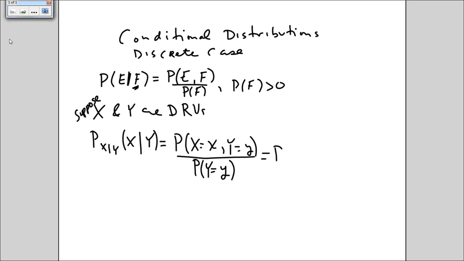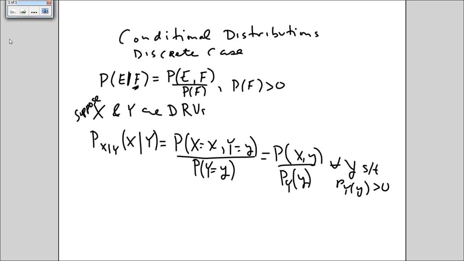But this is nothing more than P of x y divided by, since the bottom doesn't talk about x, P sub Y of y, the probability that big Y equals little y. And this is for all y such that the bottom is not negative. In this case, that means positive, because it sure won't be negative. It's a probability.